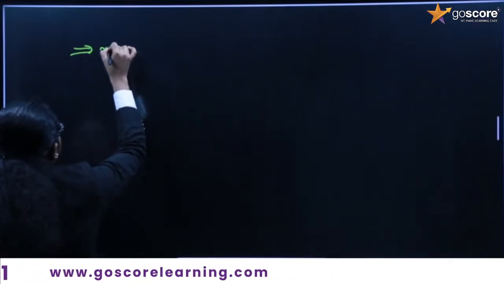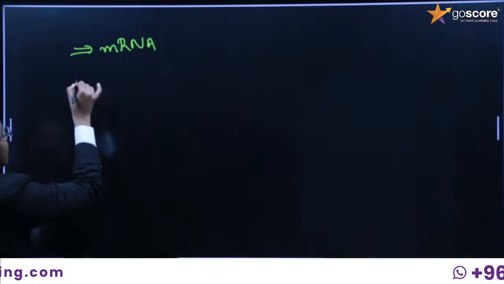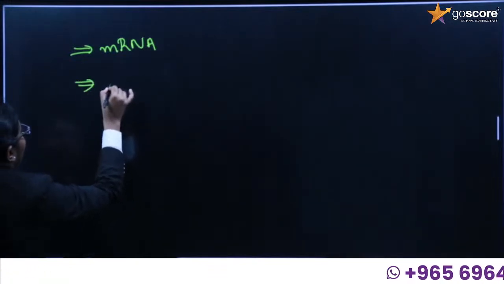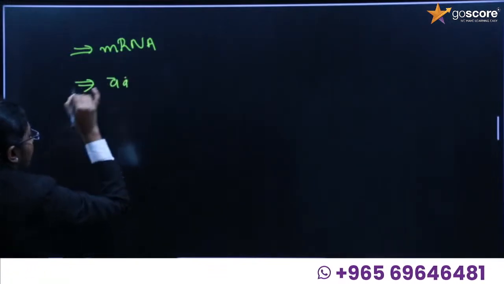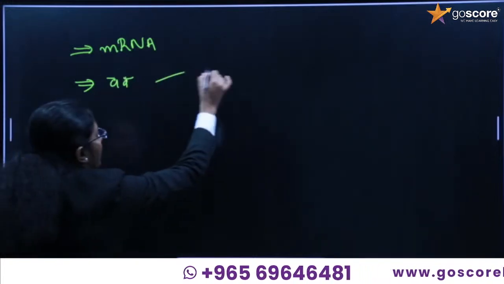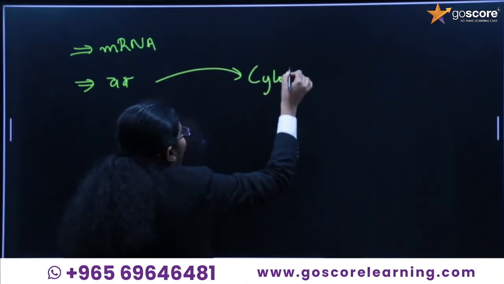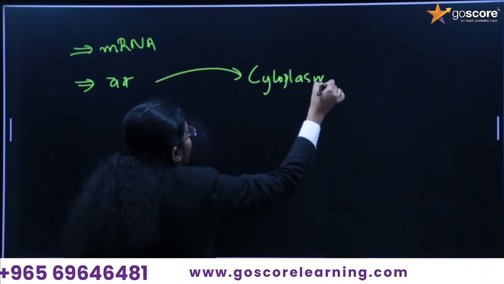The requirements include mRNA. Okay, mRNA is required. Then amino acids are required. These amino acids are present inside the cytoplasm as an amino acid pool.